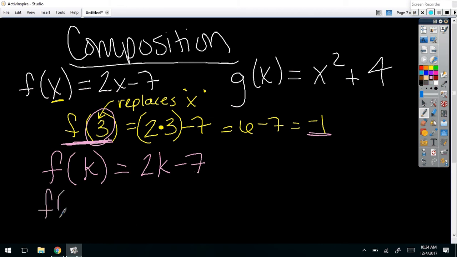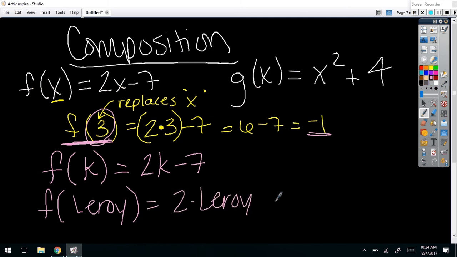Okay. What if I asked you what is f of Leroy? 2 times Leroy minus 7. I'm being funny, but I'm trying to get to the point that it doesn't matter what's in the parentheses. That's what goes in for the x.